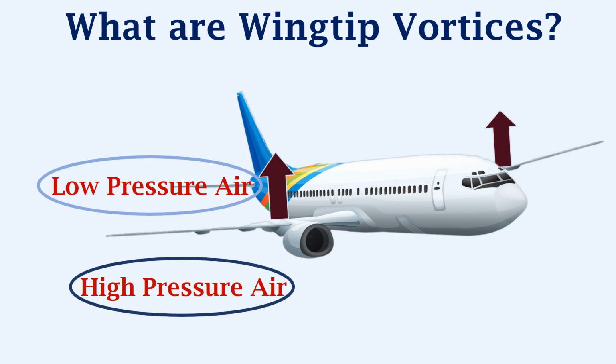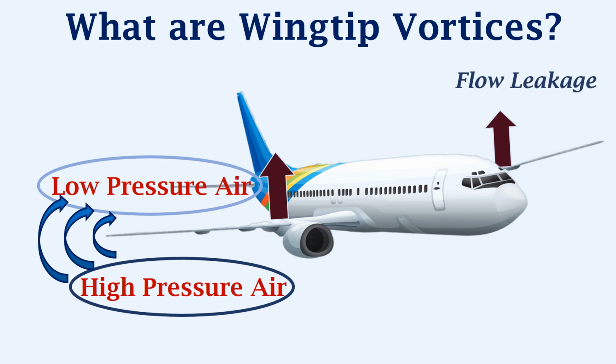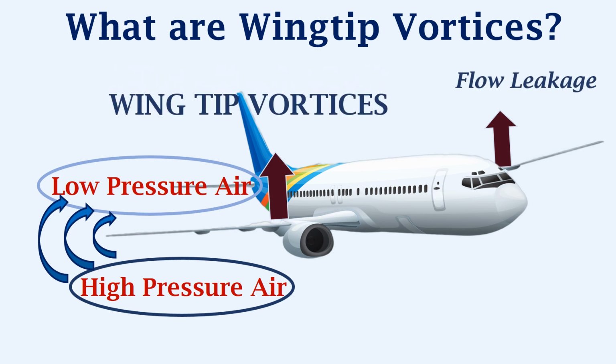At the wingtips, the high-pressure air from the bottom tends to flow towards the low-pressure air on the top, as shown here. This movement of air is a form of flow leakage, and this air circulation is called wingtip vortices. These wingtip vortices that are generated tend to increase the drag on the aircraft.